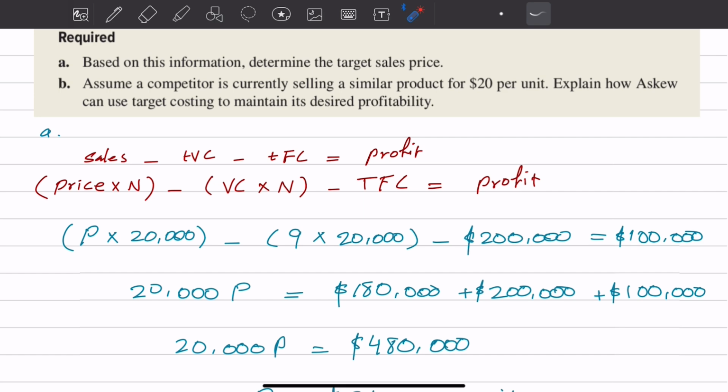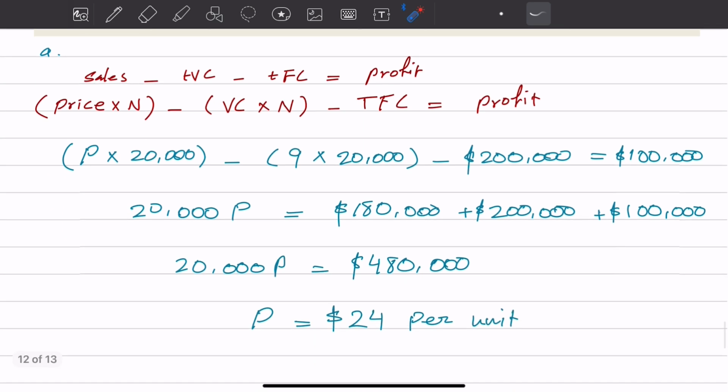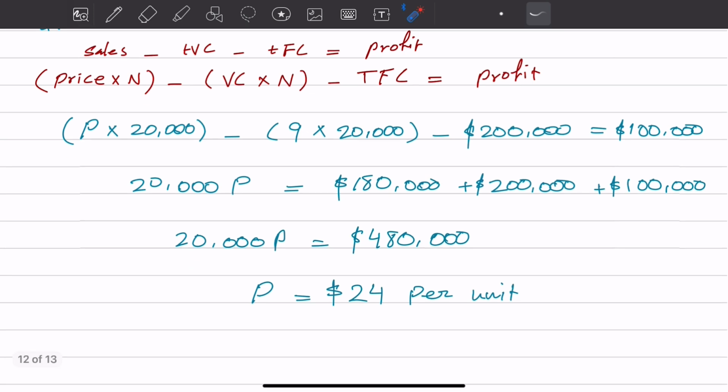Okay, so if they want to be competitive with their pricing, they probably would need to reduce this price from 24 all the way to $20 per unit, right? So to be similar to their competitor. But if they do that, their contribution margin is going to shrink. Remember, the contribution margin is the selling price minus the variable cost.